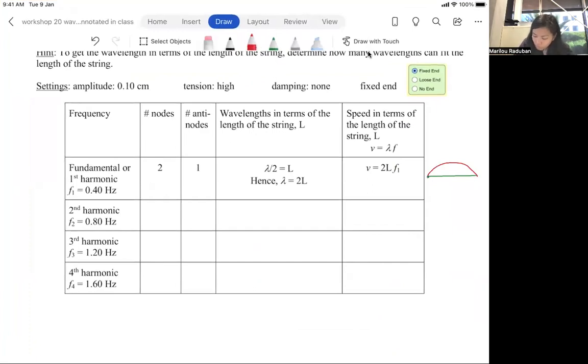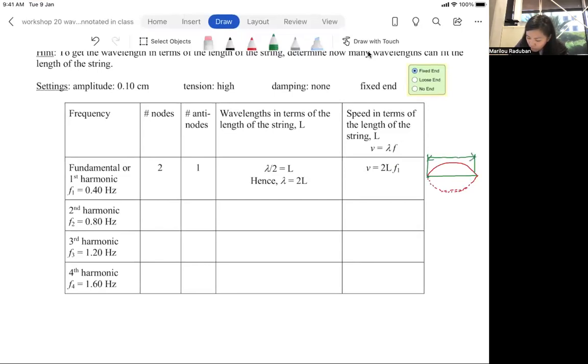You can of course draw the other side symmetrical to the equilibrium position. Here, this is the length of the string.